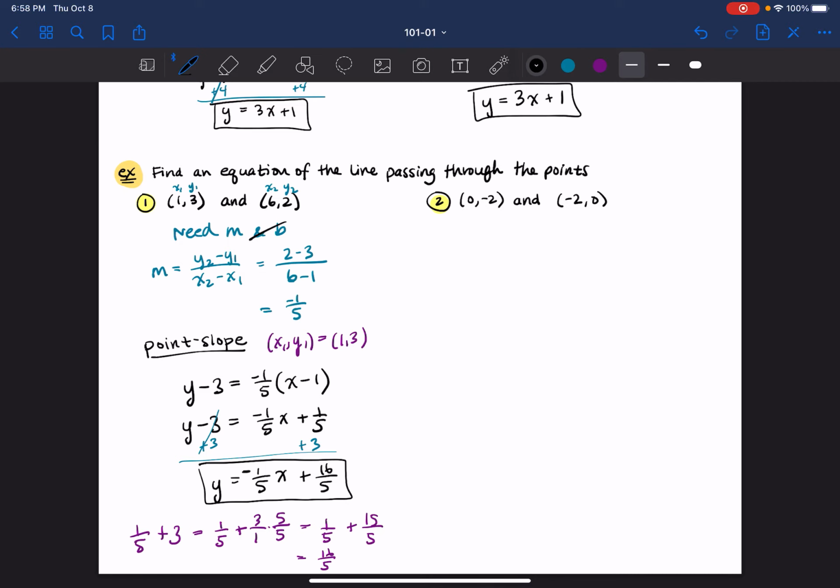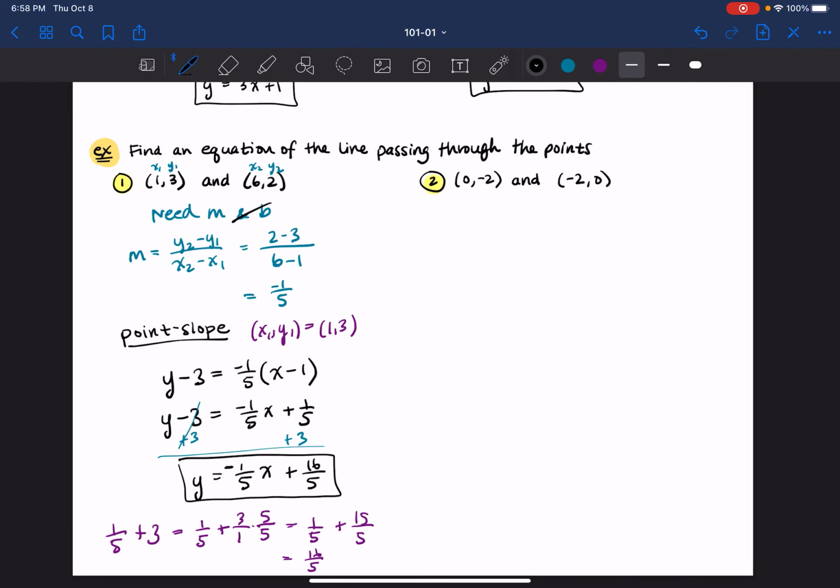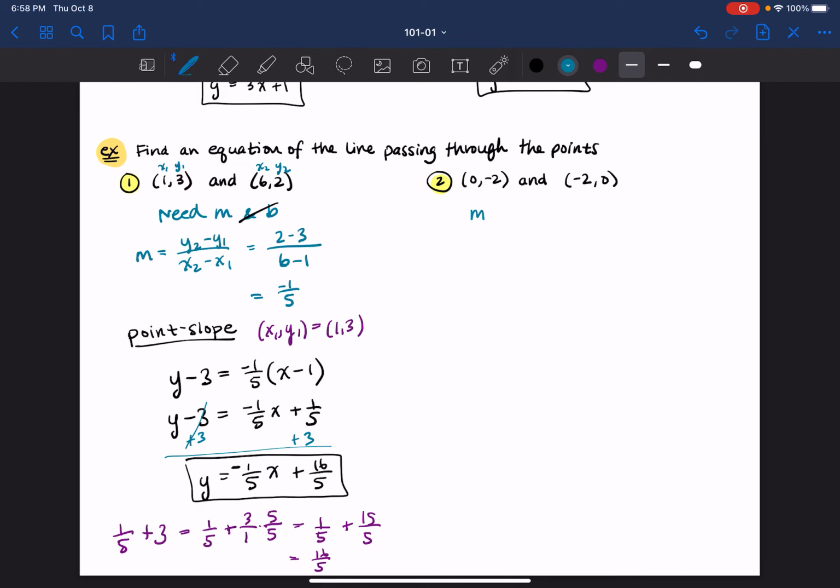All right, let's do the same thing. So here we've got 2 more points. So still we need m, right, slope. So y2 minus y1 over x2 minus x1. Okay, let's label these. So here's x1, here's y1, here's x2, here's y2. Okay, so let's form our slope fraction here.